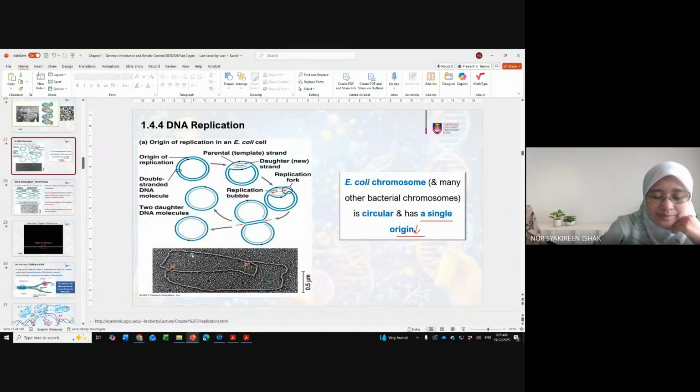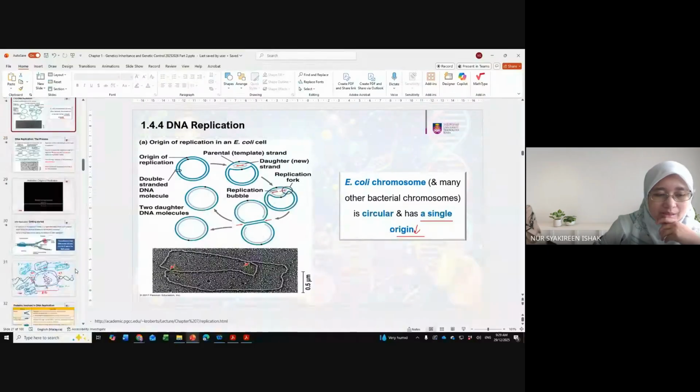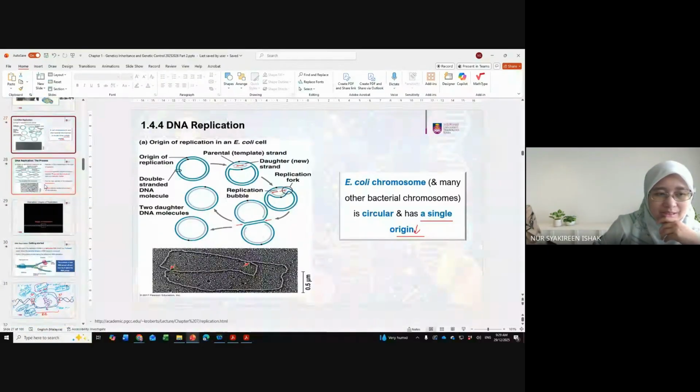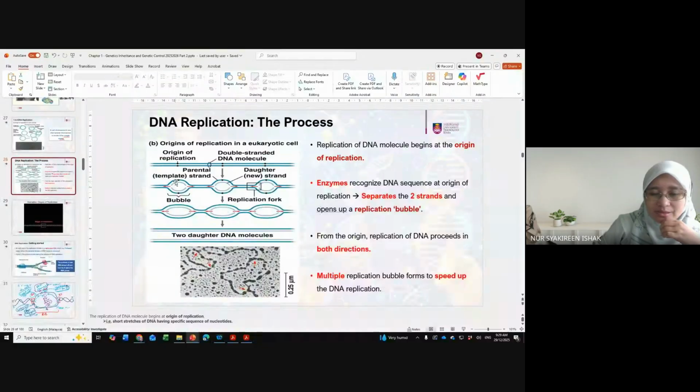So the replication bubble will get bigger and bigger until both new daughter DNA molecules have been produced. Can you understand? But for eukaryotes, because the DNA size is much bigger, there will be more origins of replication.